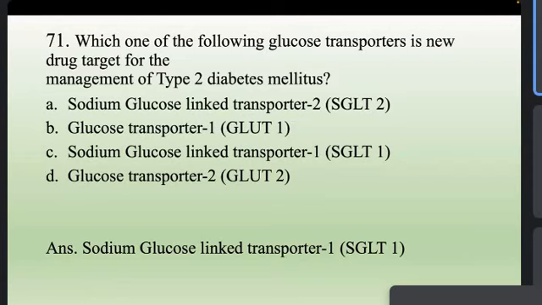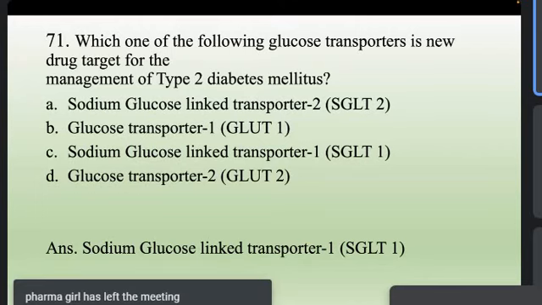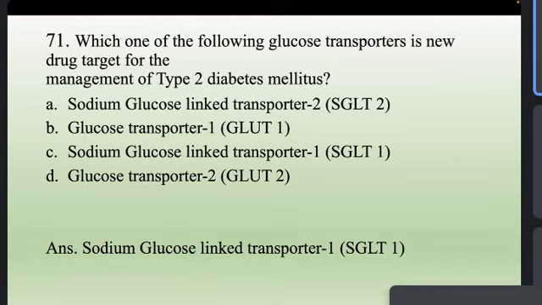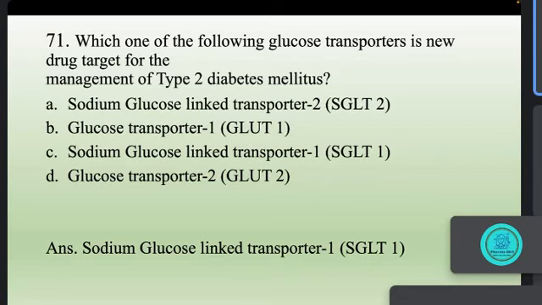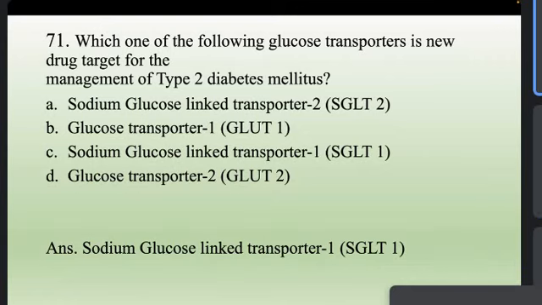SGLT1 acts on reducing the glucose absorption in the small intestine itself. So SGLT2 is more lower near the renal tubules, but SGLT1 is reabsorbing in the small intestine. There are no actual drugs as such for SGLT1 yet. It is just a newer target, but it is not in therapy yet.